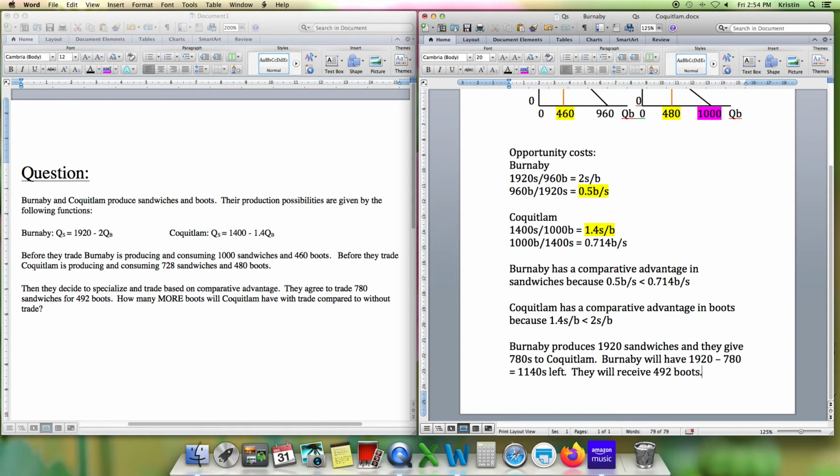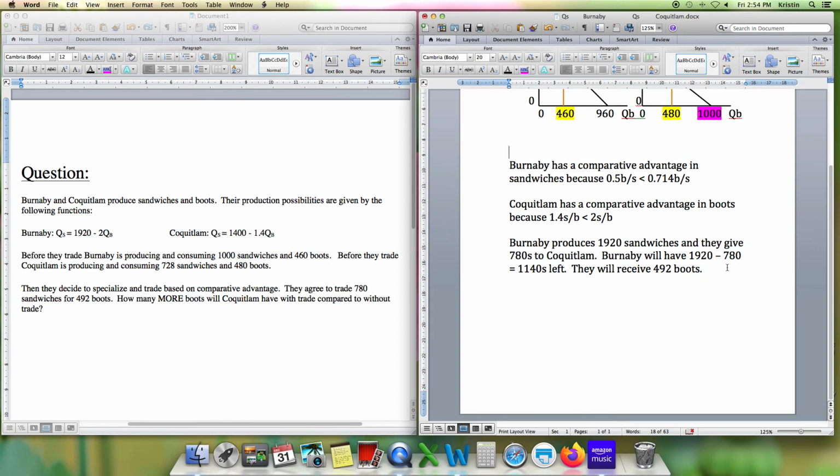So that's what they get to consume. They're going to have this many sandwiches, and they're going to have this many boots. All right, so now for Coquitlam. Just erase this here. Good.